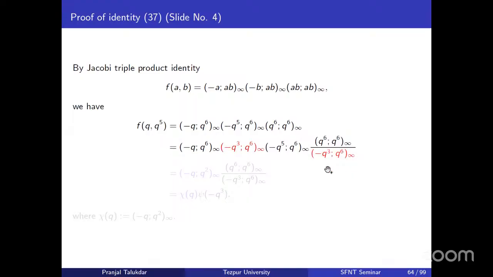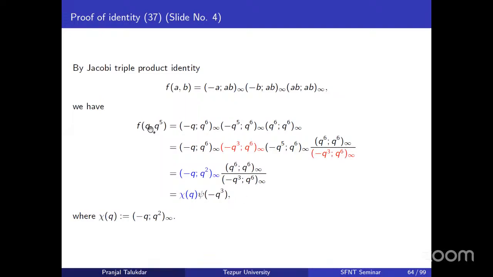When we multiply and divide by minus q3, q6 in infinity, these three terms give us minus q comma q square infinity, whereas this remains the same. This is nothing but the phi q that we defined, and this is nothing but psi of minus q cube, which we defined in the previous slides.